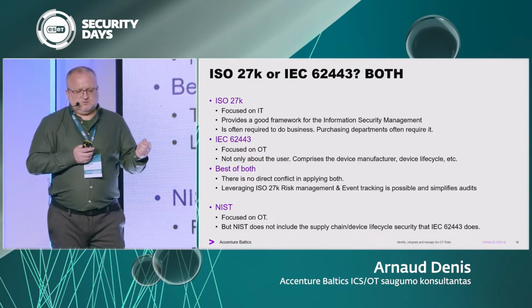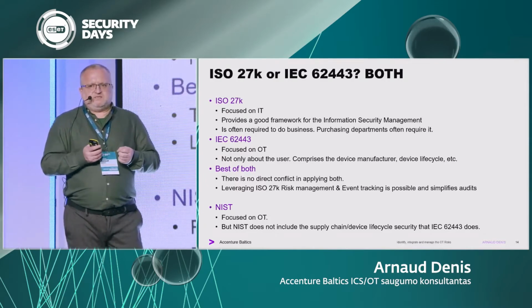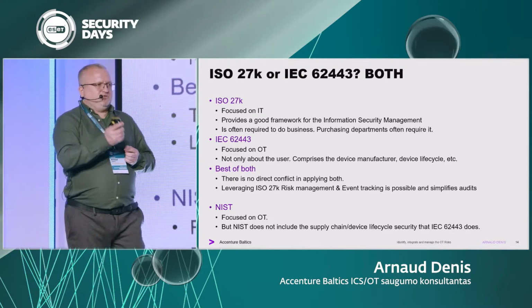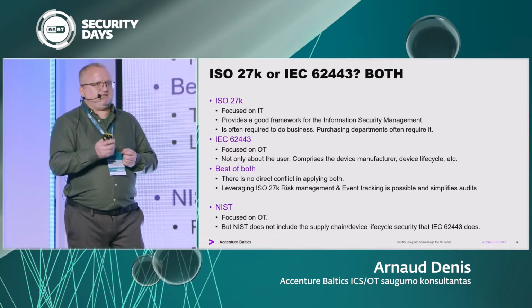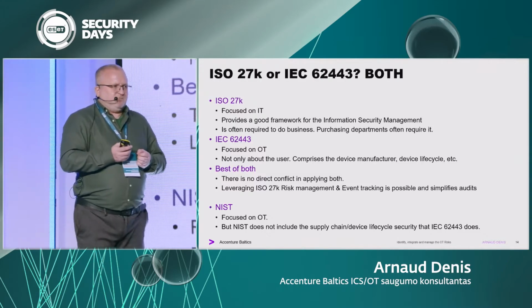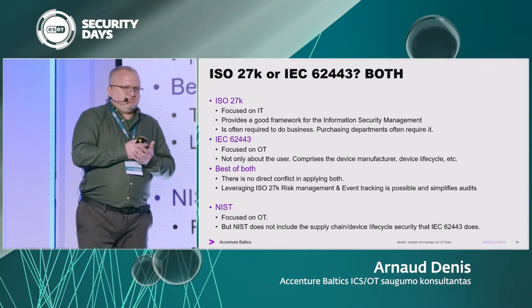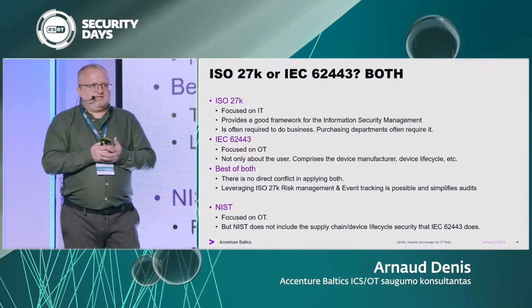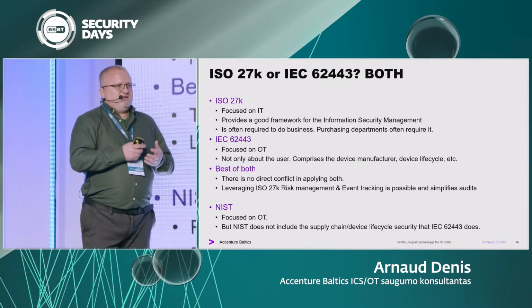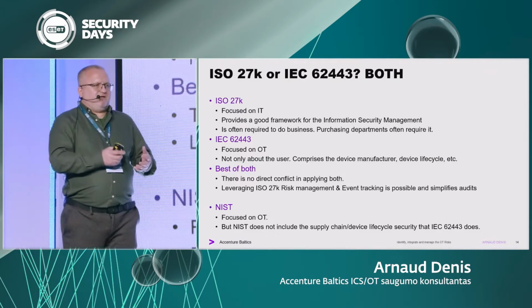But now ISO 27K is very important because in most businesses, you're going to be asked, do you have ISO 27K? If not, I will not make business with you. And it's not a problem because actually ISO 27K has good information system management rules. It's really good for when you're setting up how you handle your risk, your events and all that. So you can leverage that.